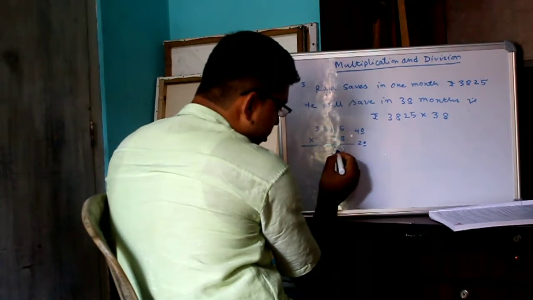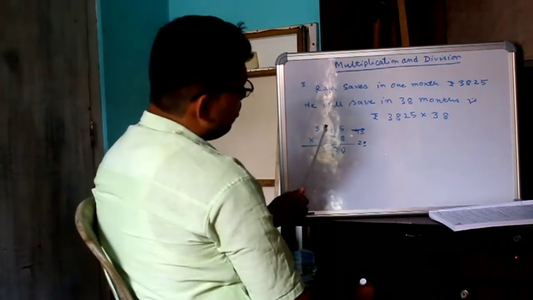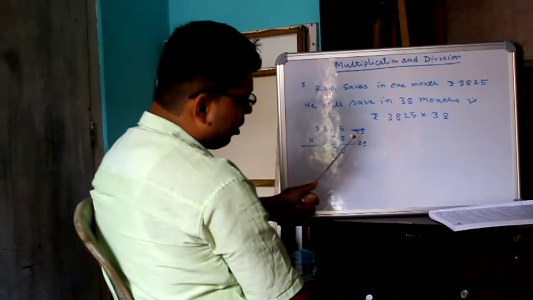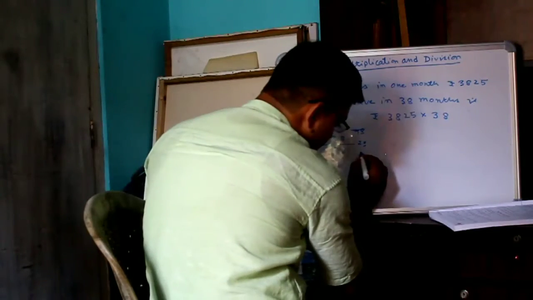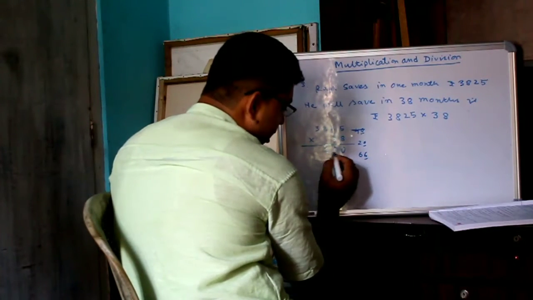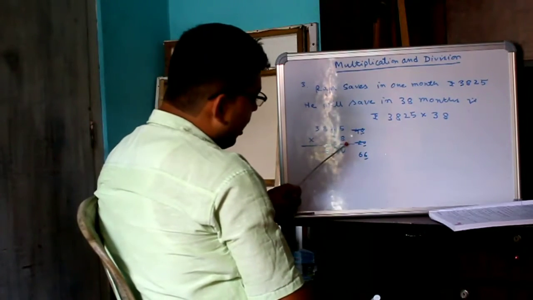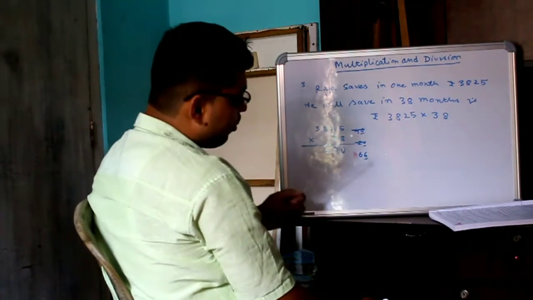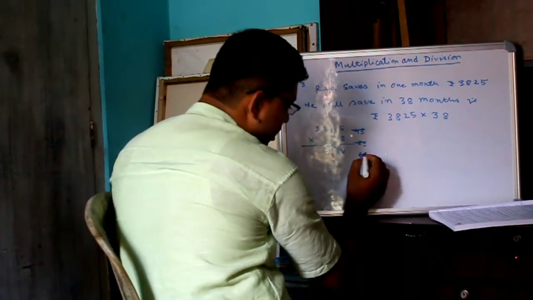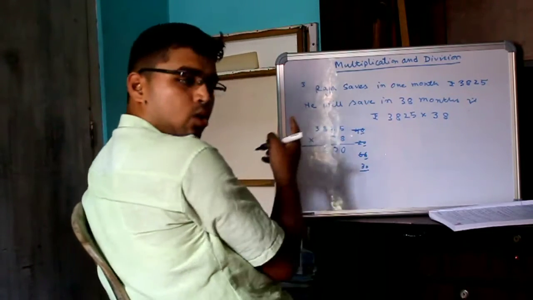So 0 is coming. 2 left. 40 is finished. 8 into 8, 64. 64 plus 2, 66. 66, one's digit is 6. So 6 is coming. 6 is left. And 20 is finished. Now 8 into 3, 24. 24 plus 6 is 30. 66 is finished. Whole 30 is coming because here no digits are there.